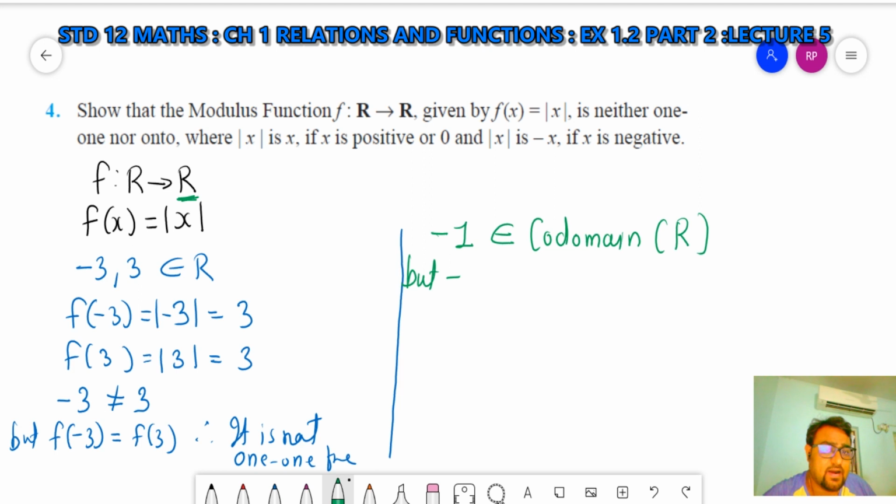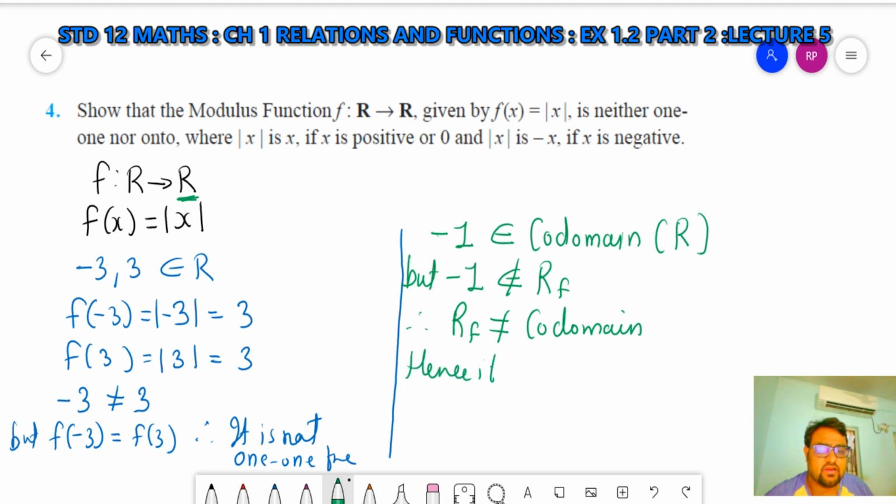But minus 1 does not belong to the range of the function, because the range of the function is the positive numbers plus 0. Therefore, the range of the function is not equal to the codomain. Hence, it is not an onto function.